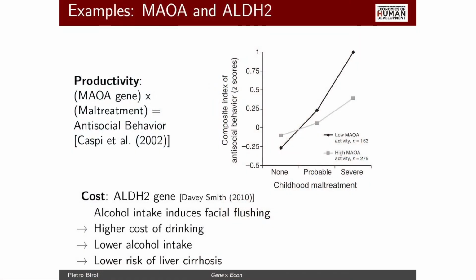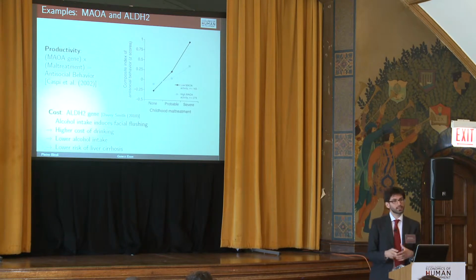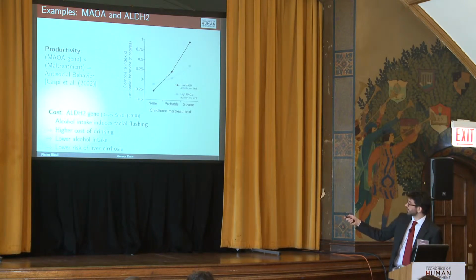Some examples to be more specific about why we model things in this way. In terms of productivity, I'm going to talk about a very influential paper by Caspi and co-authors that came out in Science in 2002. They consider child maltreatment as a negative investment in human capital, and as output they consider antisocial behavior. What they observe is that one particular genotype changes the way that child maltreatment has an impact on antisocial behavior.